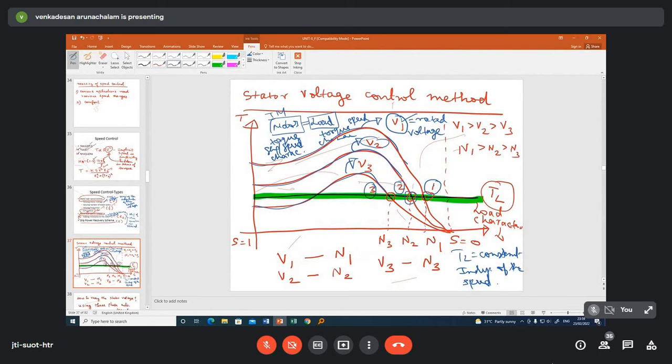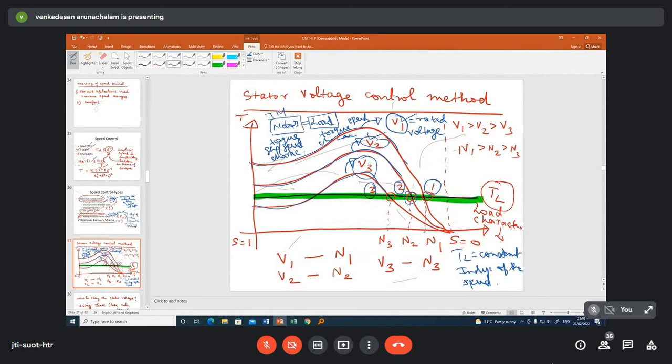So this point 2 is the intersection of load torque with the machine torque when the machine is operated with the voltage V2. And operating point 3 is the intersection of machine torque with the load torque when the motor is operating with the voltage V3.